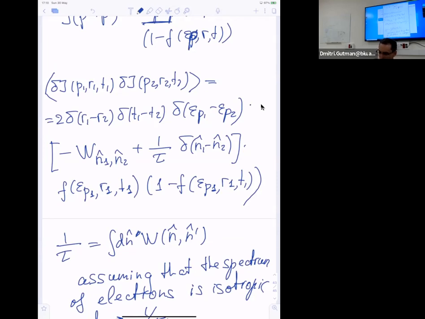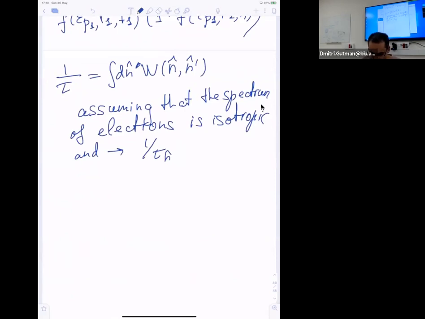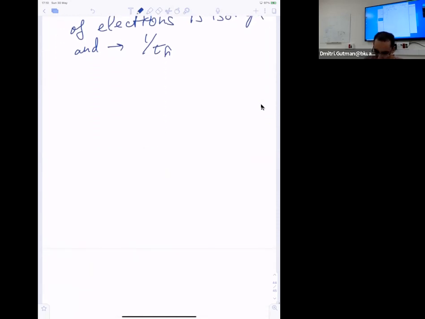Therefore, I know my correlation function of random fluxes. Moreover, I know my propagators for the Boltzmann equation. So the propagator of the Boltzmann equation D between points n1, R1, T1, and points n2, R2, T2 will now satisfy the Boltzmann equation.